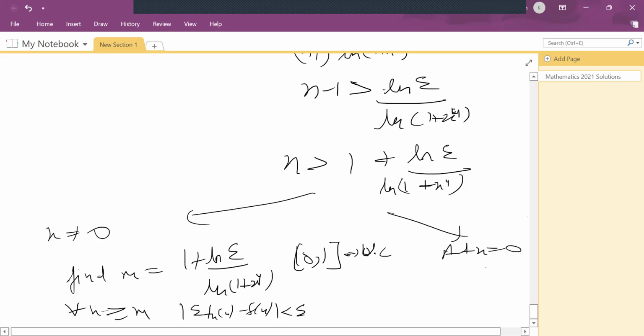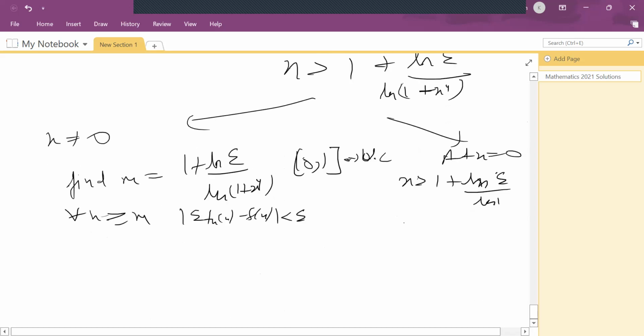Now let's check at x equals 0. At x equals 0, n should be greater than 1 plus ln(1/epsilon) upon ln of 1. Ln of 1 is 0. So n should be greater than infinity, which is not possible.